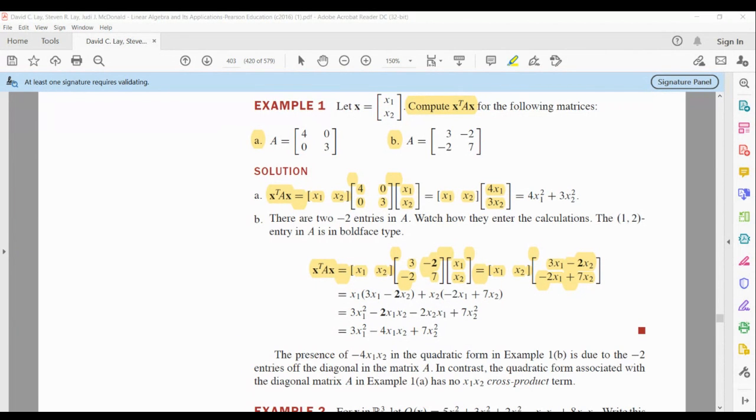When you multiply that 2 by 1 vector by the 1 by 2 vector x1, x2, you just work out the math, and in the end you get 3x1 squared minus 4x1x2 plus 7x2 squared.